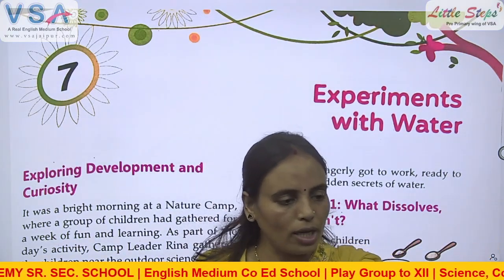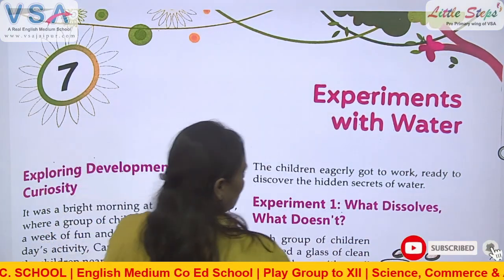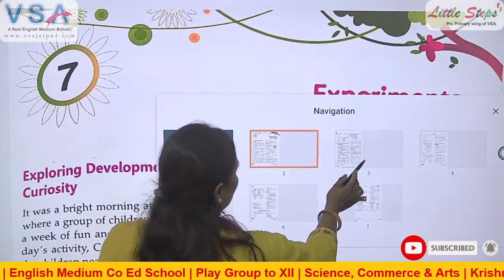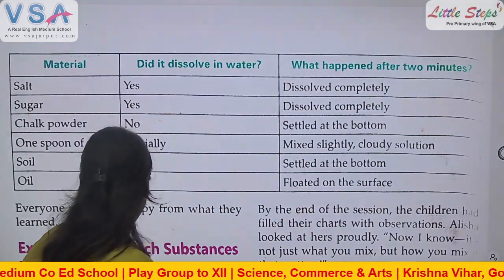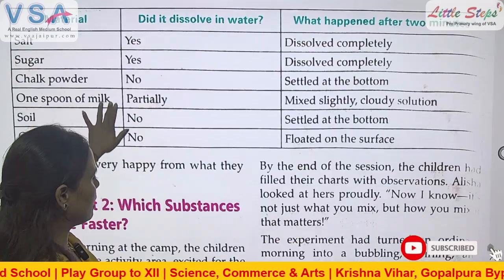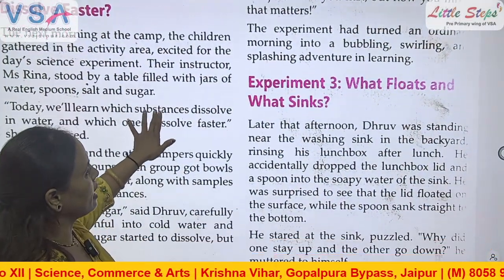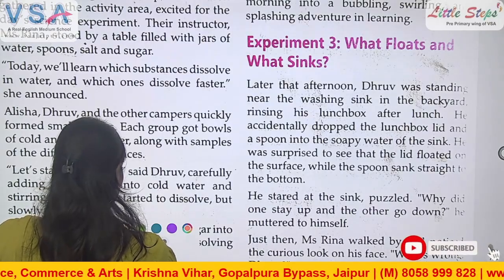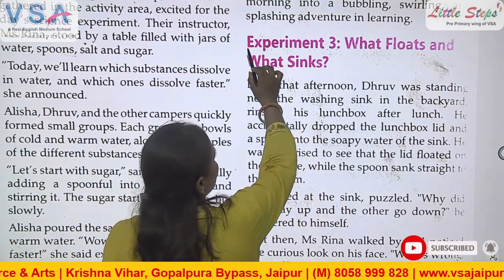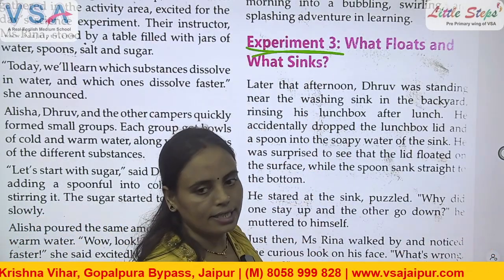So what we are going to do today, we will do the next experiment, right? That was float and sink, right? So today we are going to do experiment number 3.